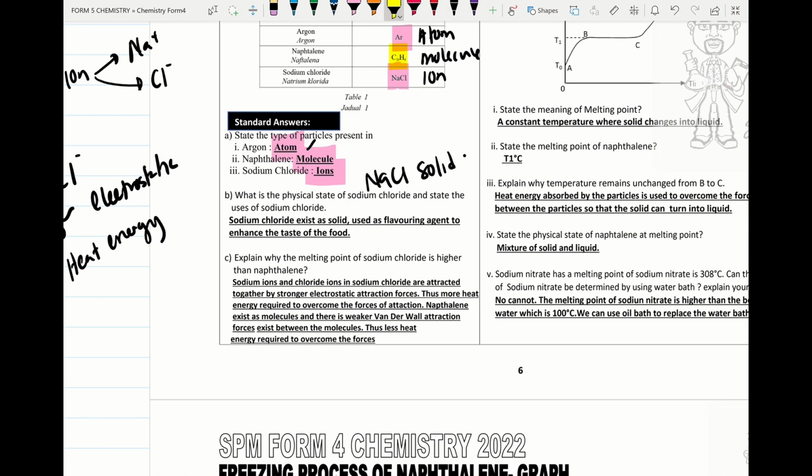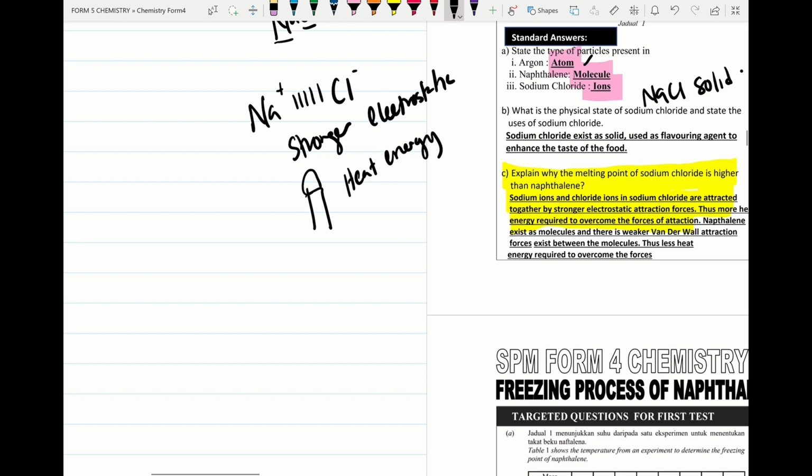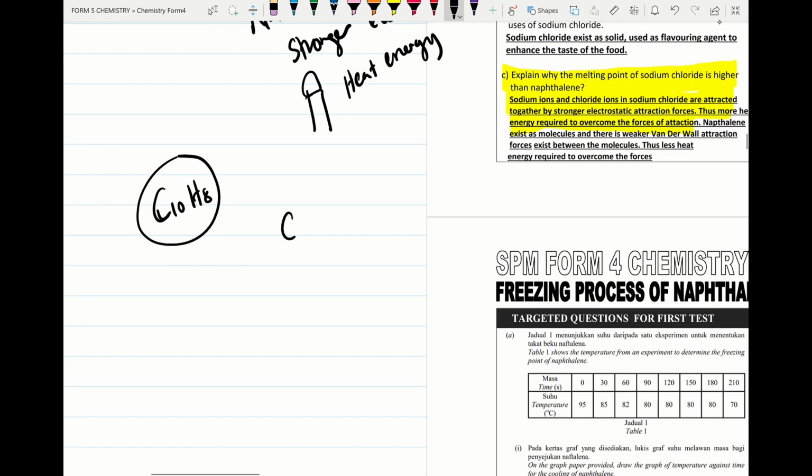Therefore we try to check question number C. Okay, explain why the melting point of sodium chloride is higher than naphthalene. Because the sodium ion and chloride ion are attracted together by stronger electrostatic forces of attraction. Thus more heat energy is required to overcome the forces of attraction. And we check the naphthalene molecule C10H8. Between these molecules, there are weaker van der Waals forces of attraction.